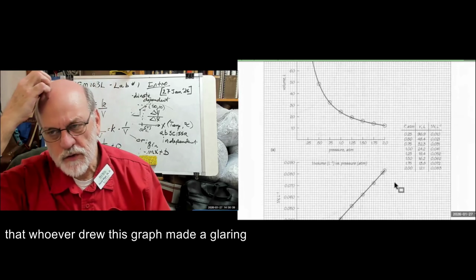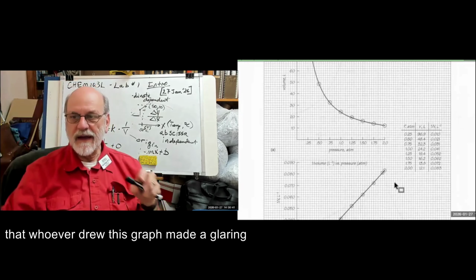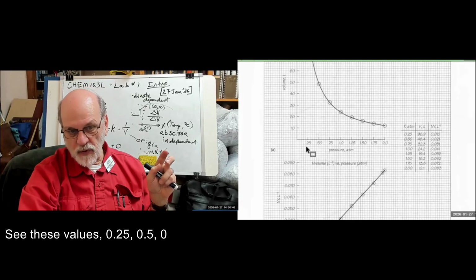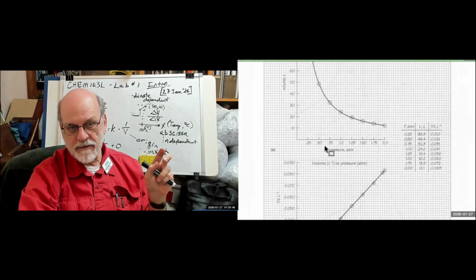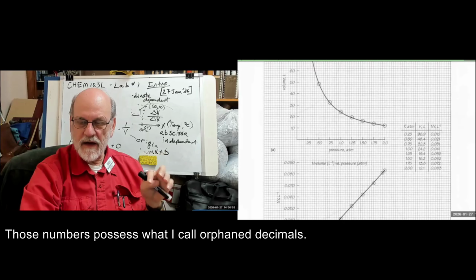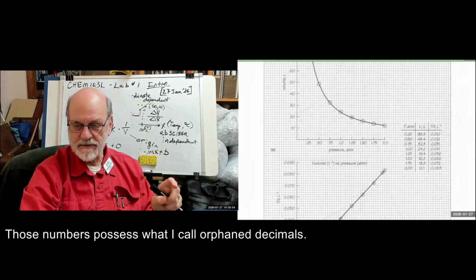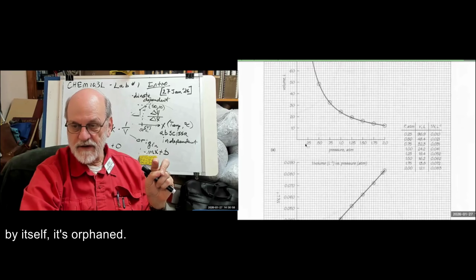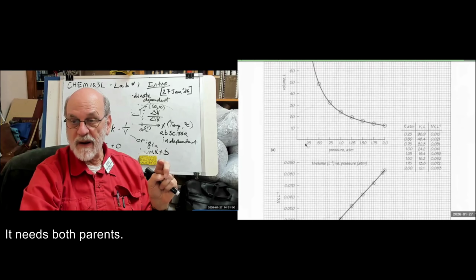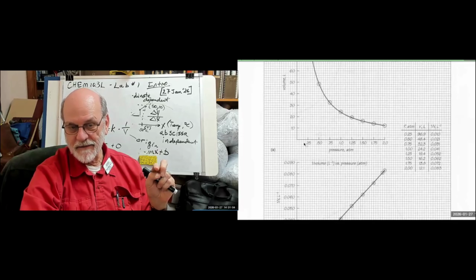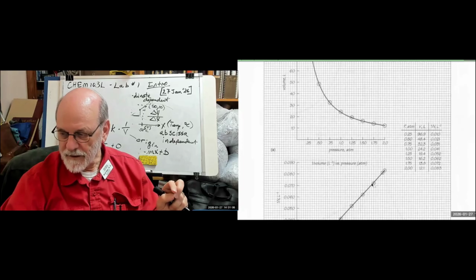The other point I want to make is that whoever drew this graph made a glaring error. See these values, 0.25, 0.5, 0.75? Those numbers possess what I call orphaned decimals. When you have a decimal sticking out here by itself, it's orphaned. It needs both parents. That is, it needs a 0 on the left-hand side. Right?